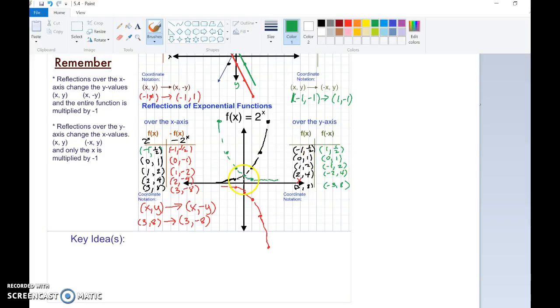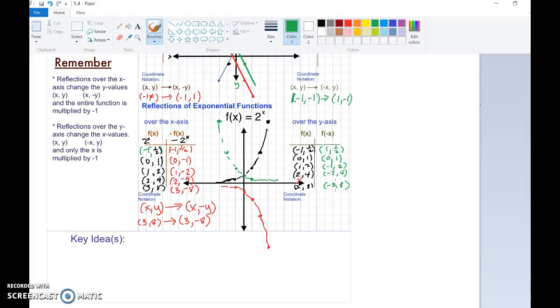My original point was 0, 1 here, and my reflected point is 0, 1 there. Then my third point was 1, 2, and my reflected point over the y-axis is negative 1, 2. And 2, 4 became negative 2, 4, and 3, 8 became negative 3, 8.